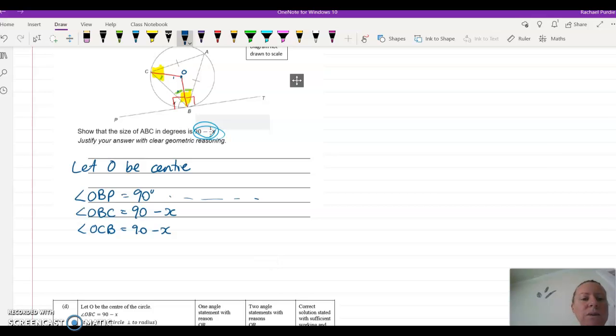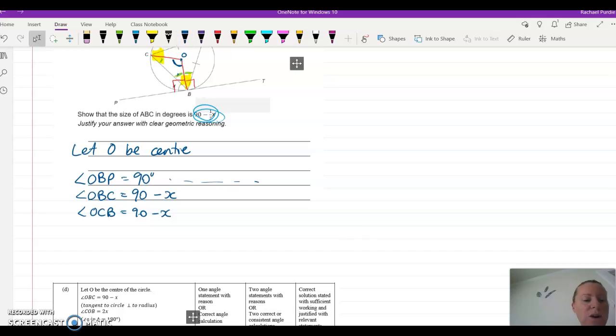Well, we could then find out what this guy in here is. And this is why that next step in the answers talks about angle COB. Because we've got our 180 in this little triangle that we've made now, we can do 180 minus (90 minus x) minus (90 minus x).